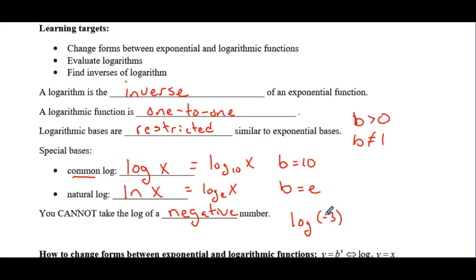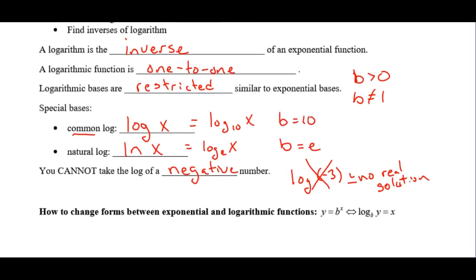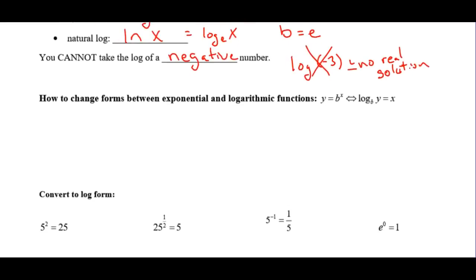If you're taking the log of -3 in the end, that is going to be no real solution. So can't do that. Those are our properties and the things that you're going to keep in mind as we go through changing forms and evaluating and eventually finding the inverses.